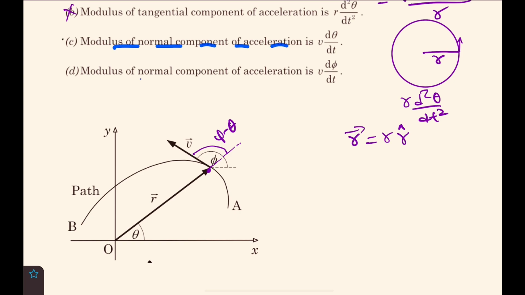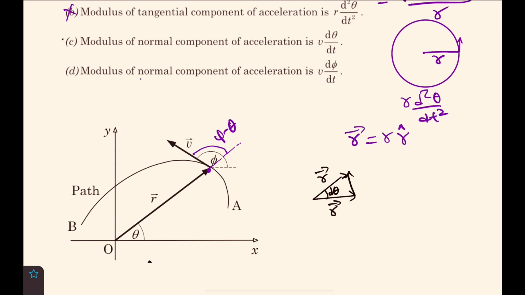Modulus of normal component of acceleration is v d theta by dt. Is that correct? See, theta is the angle made by the radius vector. It is not the angle made by the velocity vector. So if any vector is rotating, suppose r vector only, and it is just rotating, not elongating, then what happens?